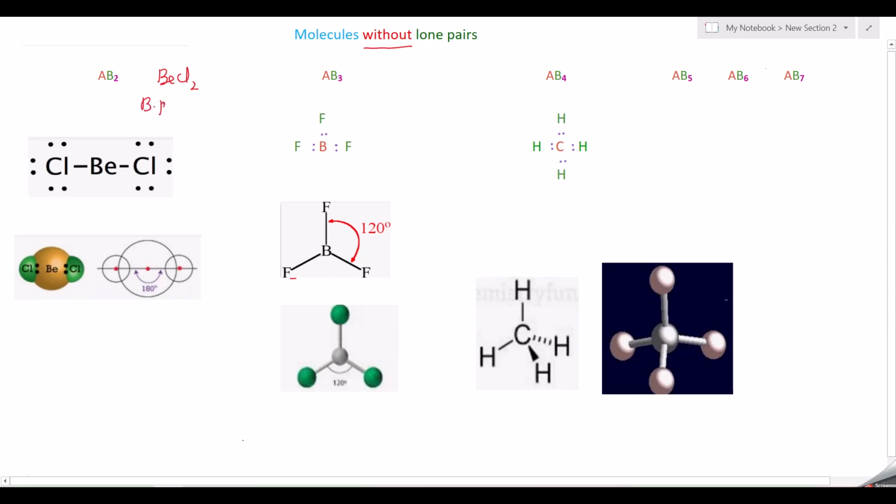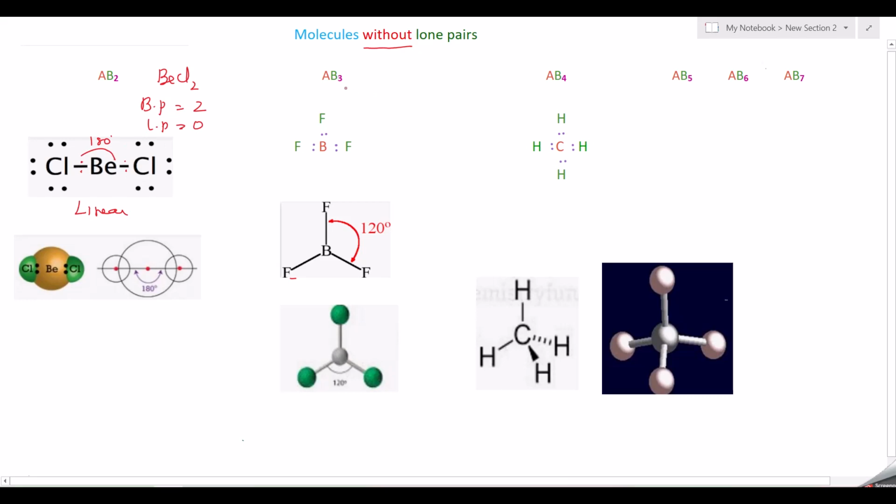Therefore, the number of bond pairs is equal to 2 and lone pairs is 0. These two bond pairs will occupy positions around beryllium where there is minimum repulsion, so they get a linear geometry. The angle between these two is 180 degrees.